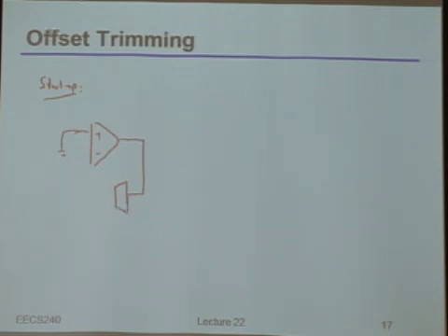But since I really want to make sure I completely cancel the offset, I'm going to take the output as an example, feed it in an OTA, and then a capacitor before I feed it back over here. So by the way, all I'm trying to build with this OTA and capacitor combination is an integrator. Right? Because if I have an integrator, then I'm saying at DC I have infinite gain. So I'll completely kill whatever the offset of that structure actually is.